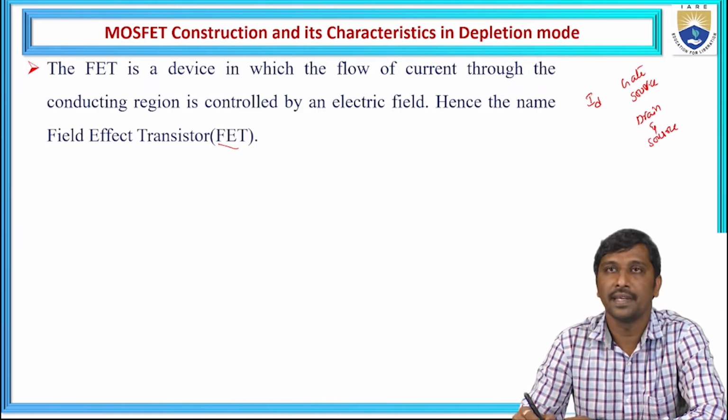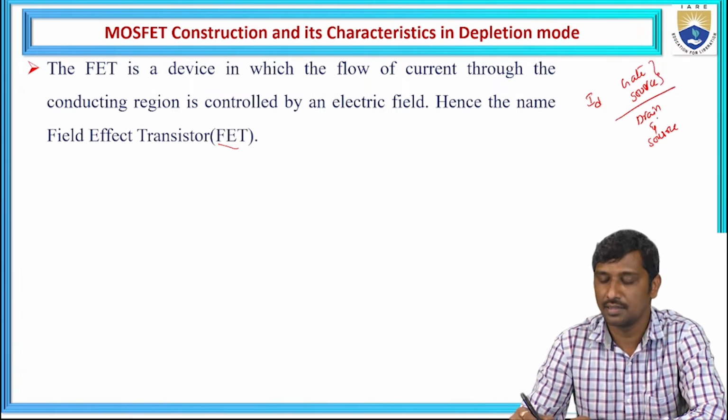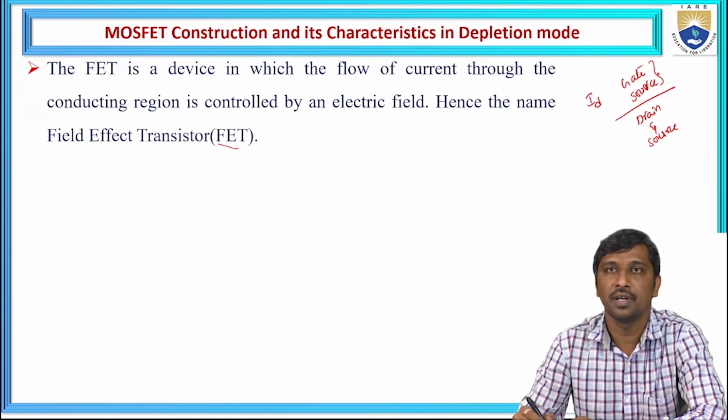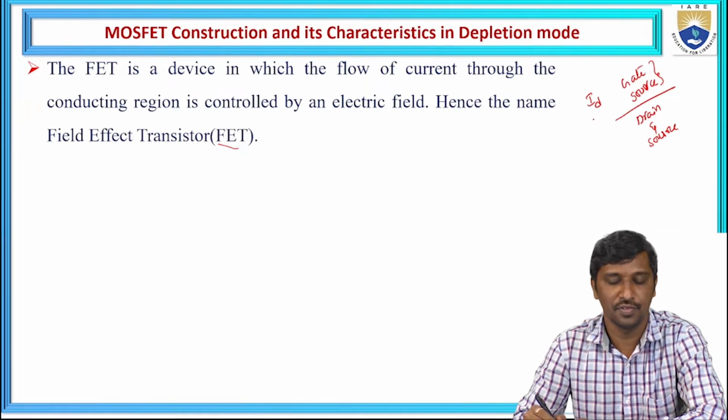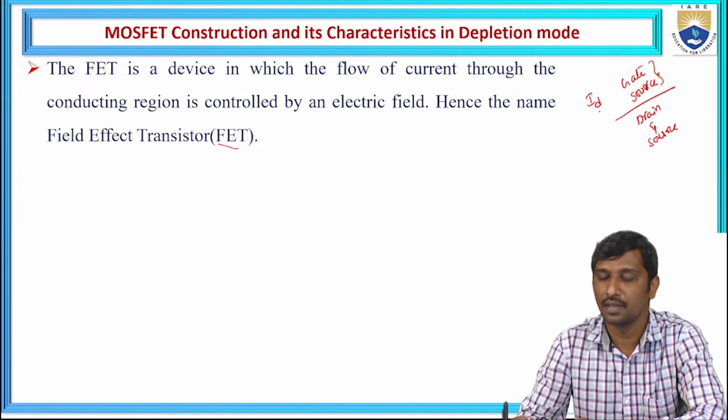So we need to apply a biasing voltage between gate and source as well as drain and source, and based on the amount of applied electric field, the flow of current across the transistor can be controlled. Hence, that particular device is called the field effect transistor.